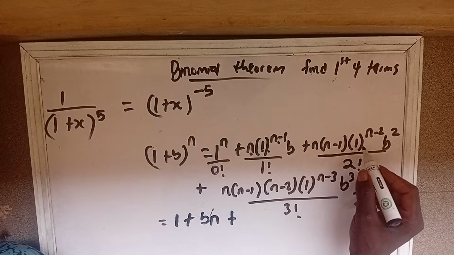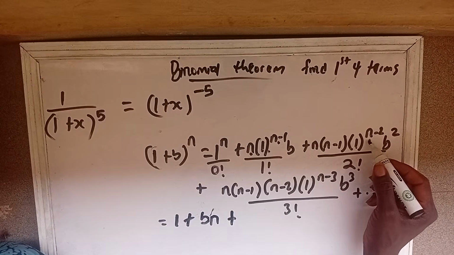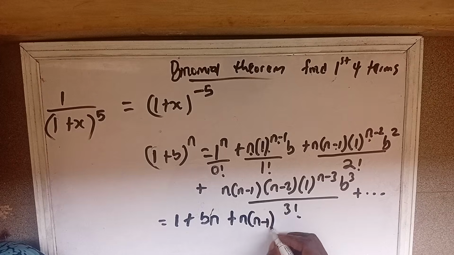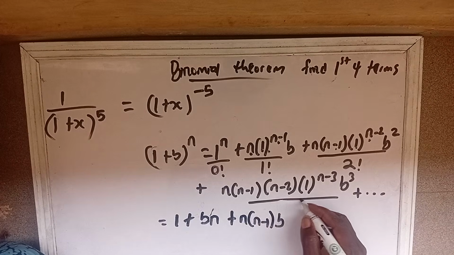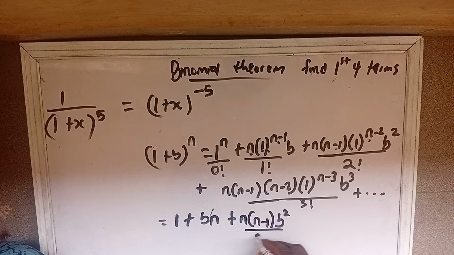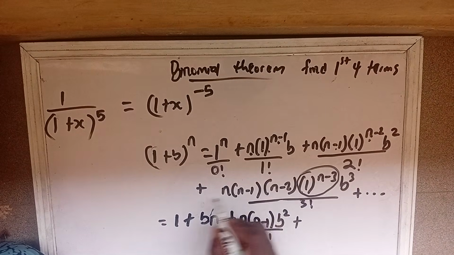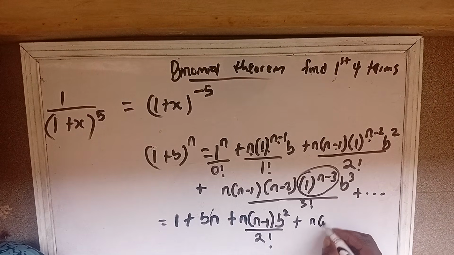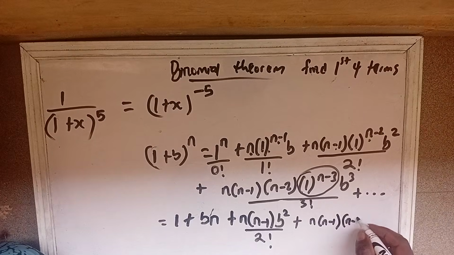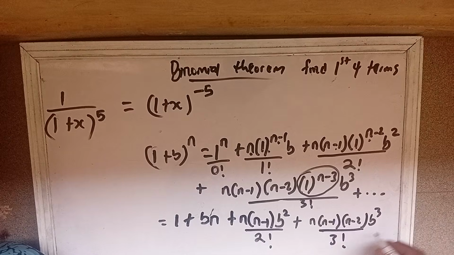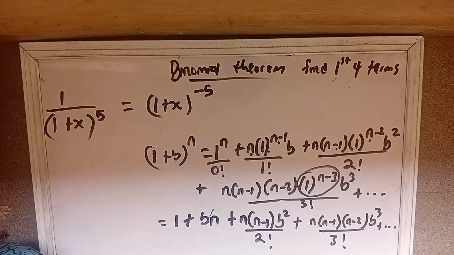Plus 1 raised to the power n minus 2 is 1, times n into n minus 1 b square over 2 factorial, plus 1 raised to the power n minus 3 is 1, times n into n minus 1 into n minus 2, b cube over 3 factorial, plus dot dot dot.